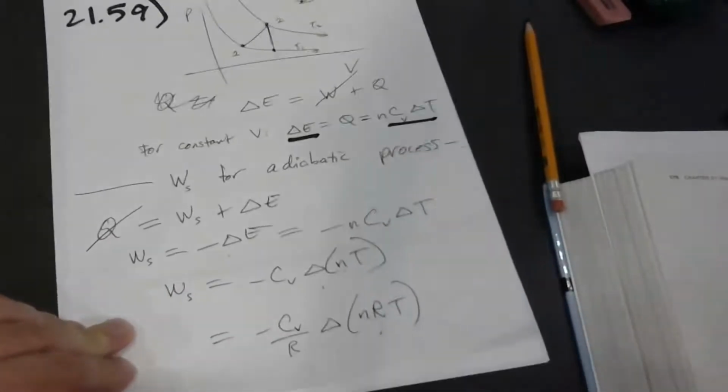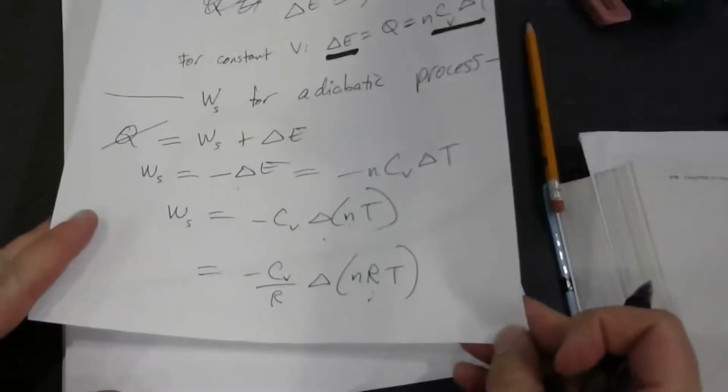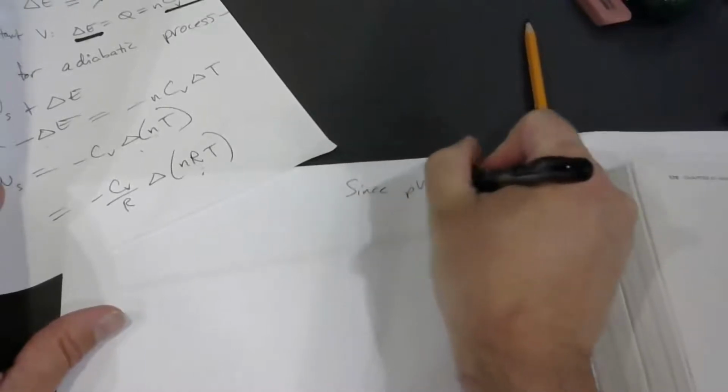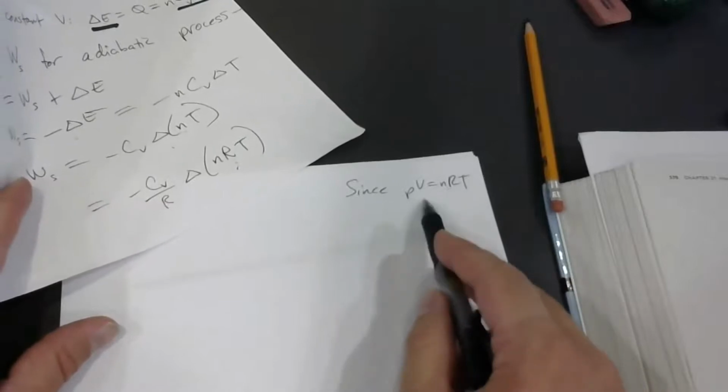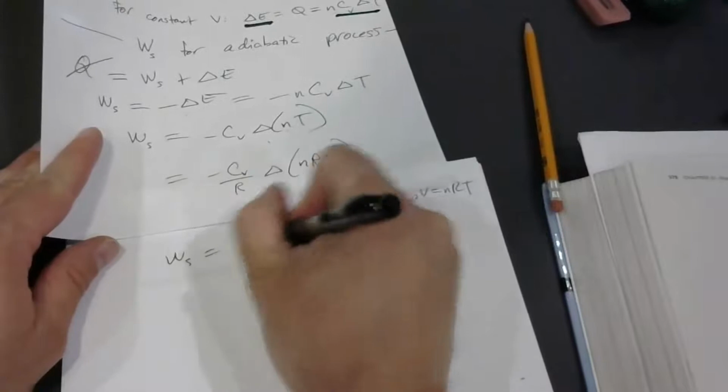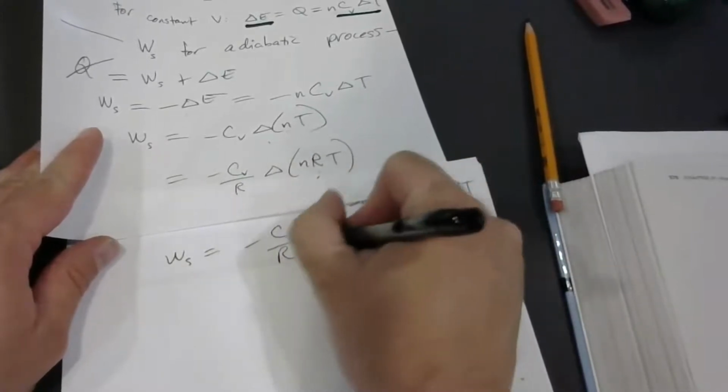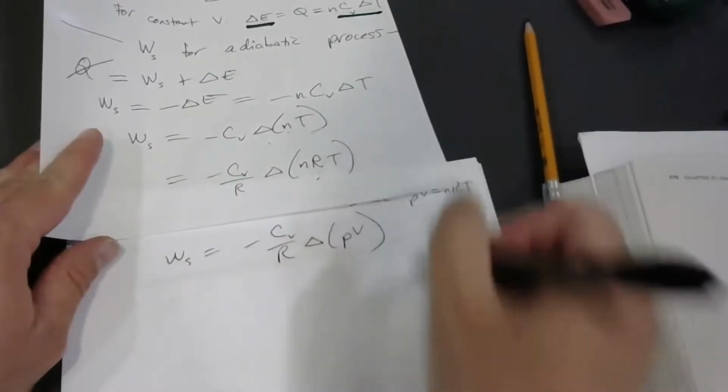But nRT should set off an alarm in your head. You should think, oh, that's PV. PV equals nRT. So since PV is the same as nRT, then nRT final minus nRT initial would be the same as PV final minus PV initial. So that means that the work done is now negative CV over R times the change in the product PV.